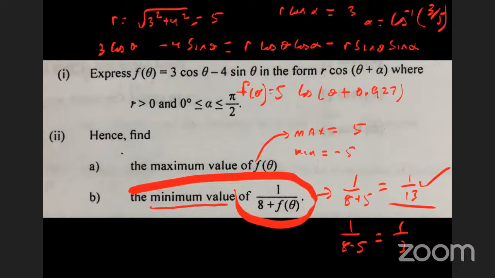Sometimes you have to put both of them just to make sure. So the minimum value is 130. Sarah, you okay with that? Yeah, working in radians. Watch here, see how they put pi on 2? Means you're working in radians.